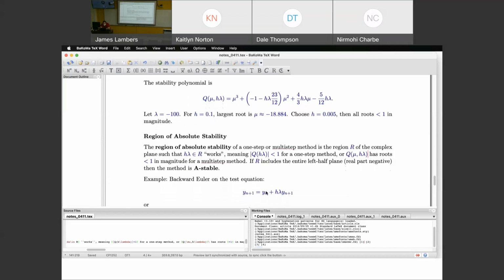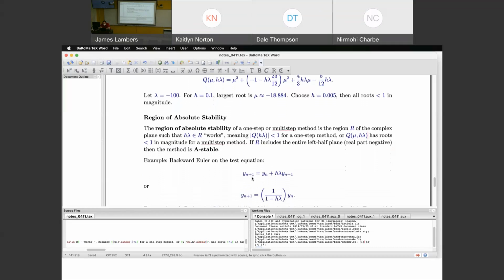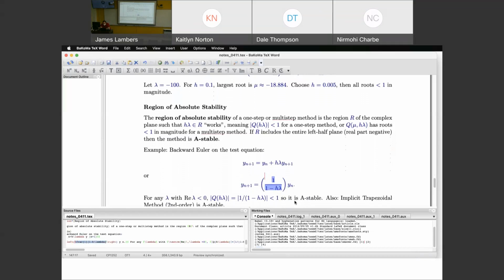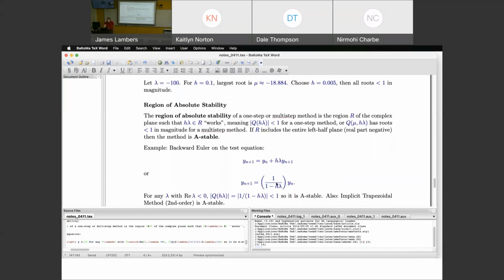So here it is applied to the test equation. Now I rearrange to isolate y n plus 1. So y n plus 1 is equal to this value times y n. This part in parentheses is your function q of h lambda.